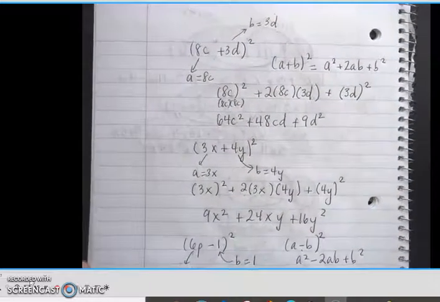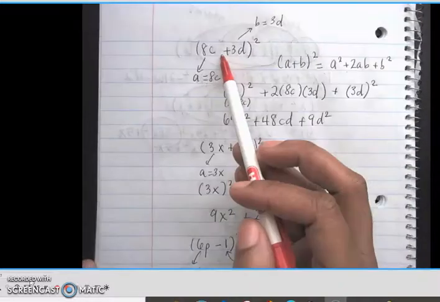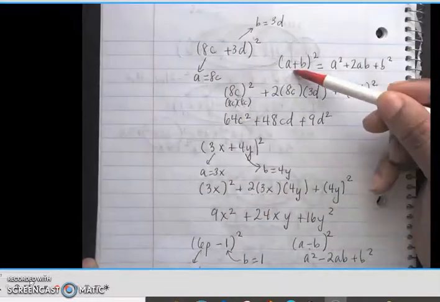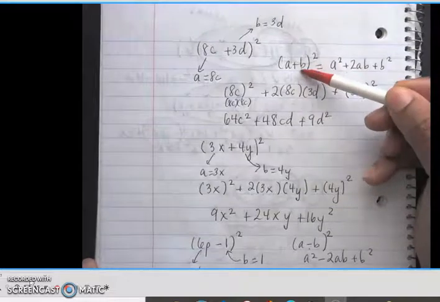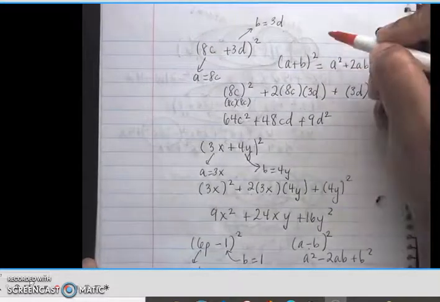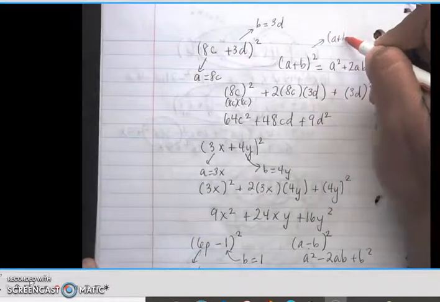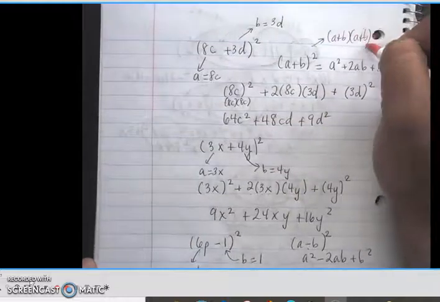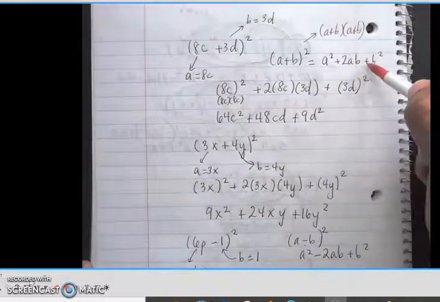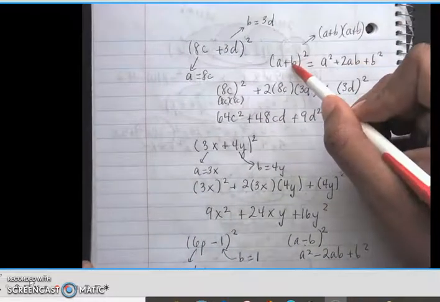But special cases, again, it's basically when you have a plus b, it's in parentheses, that's a binomial squared. This is the same as taking two binomials that look like this with a plus in the middle. There's a formula associated with that special case.